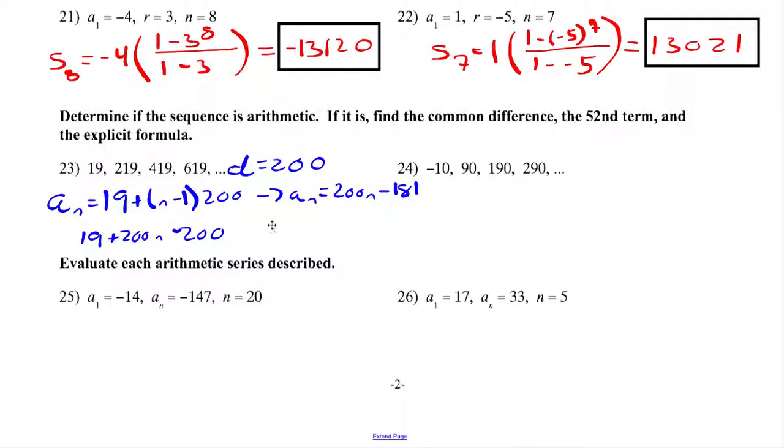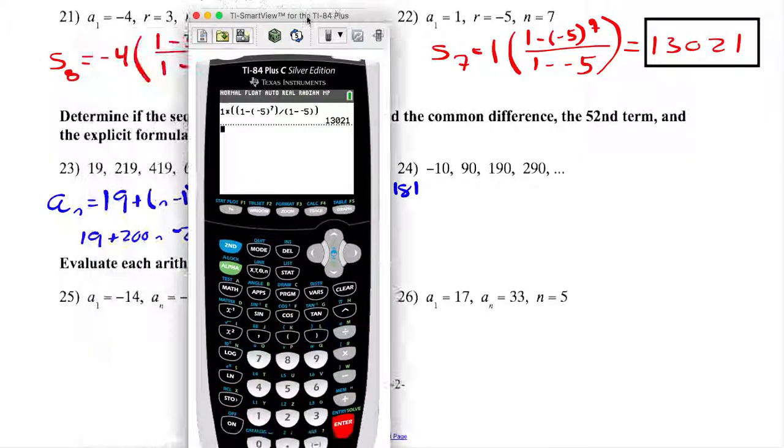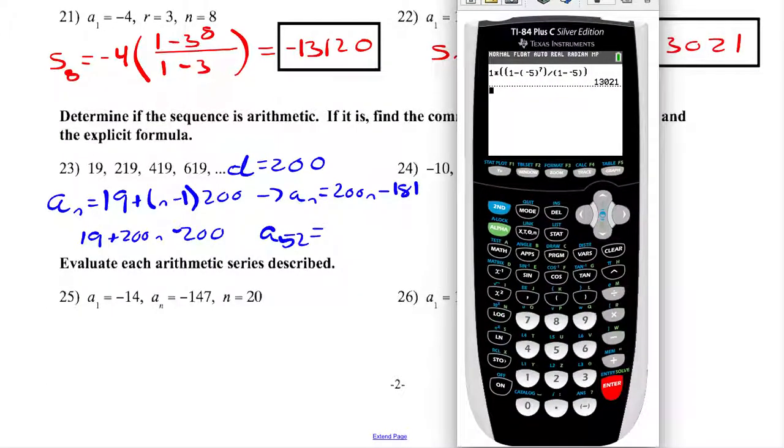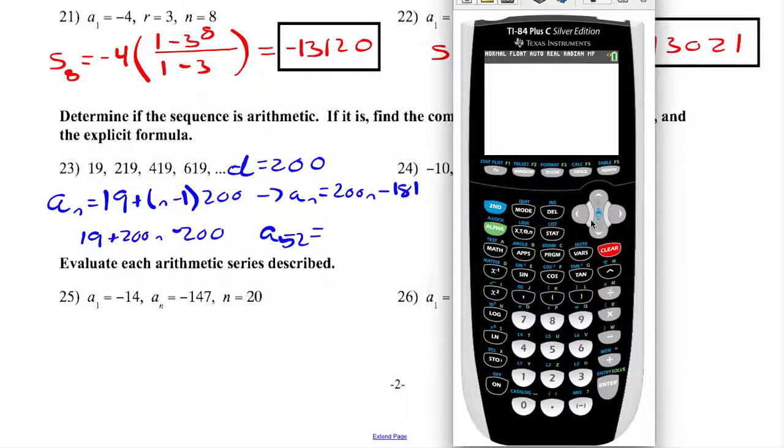And if I want to find the 52nd term, all we got to do is plug in 52 for that. So get my calculator there, which I accidentally closed down. So we're going to do 200 times 52 minus 181.